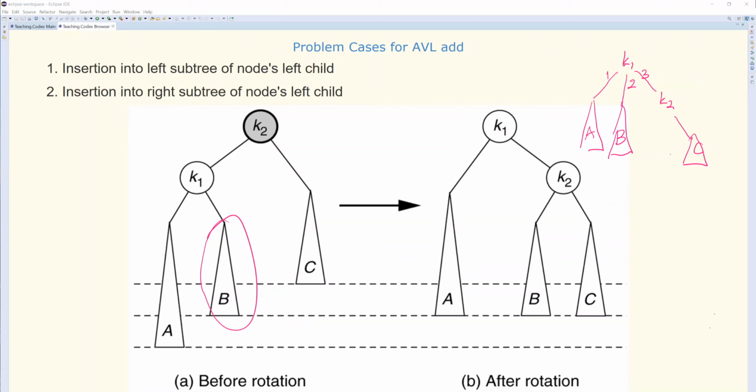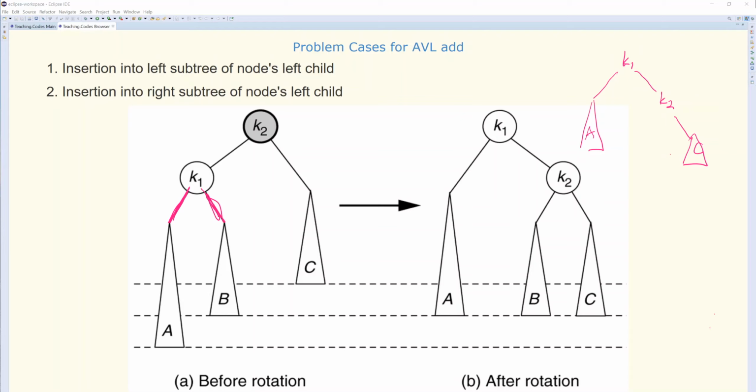So once again, let me repeat. The problem arises from the fact that, let me just undo a little bit here. So remember, K1 had 2 children.